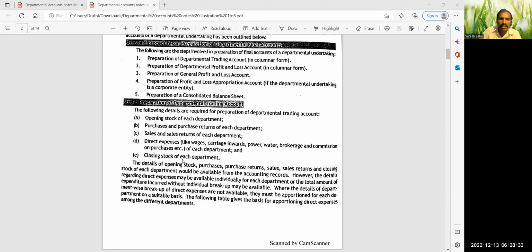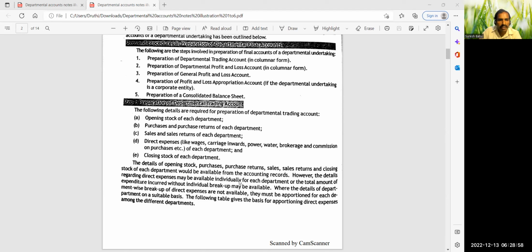Towards the end, closing stock of each department you would show on the credit side. Then you would balance: on the debit side the balancing figure is gross profit, and on the credit side, if it is the balance, it is the gross loss. You know it very well, right? Department-wise, column-wise, you would be getting this information. Now it is very, very important.